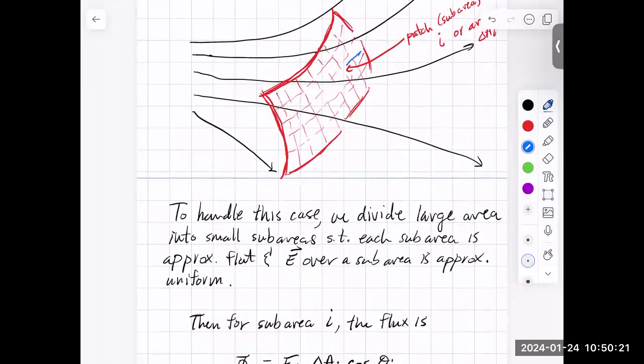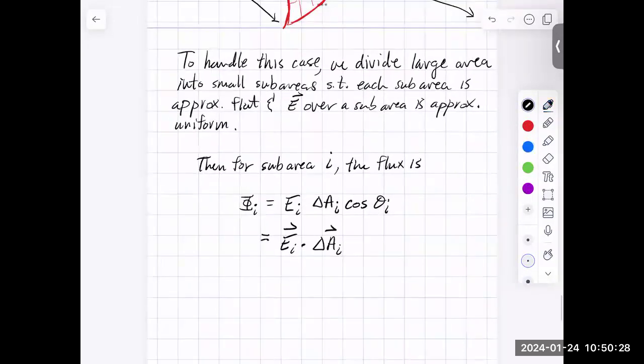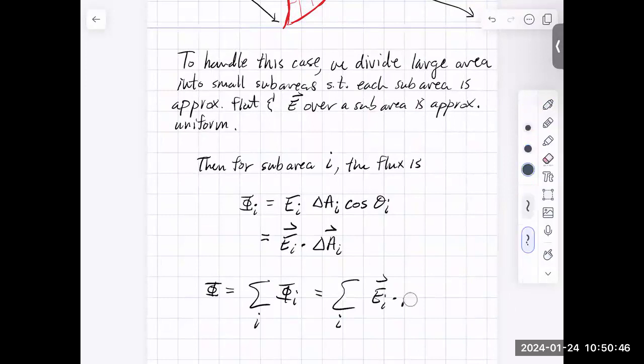So here, this would be, say, n hat I is our normal vector. All right, and so then we could say the total flux is just going to be the sum over all patches of the flux of each of those patches. And so it'd be the sum of all of these. Whoops, this would be a delta A.